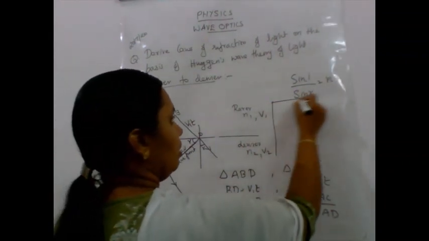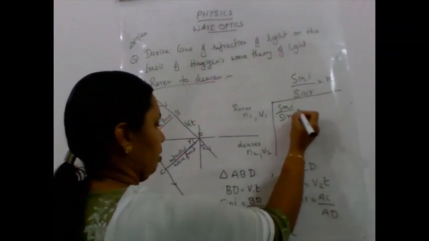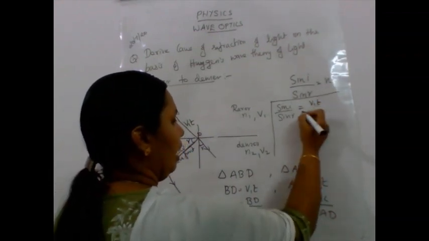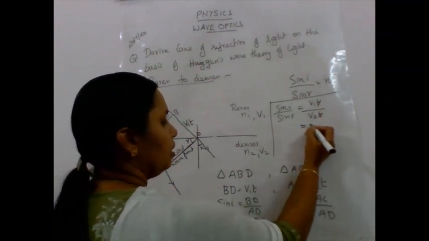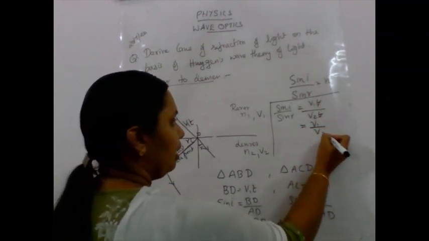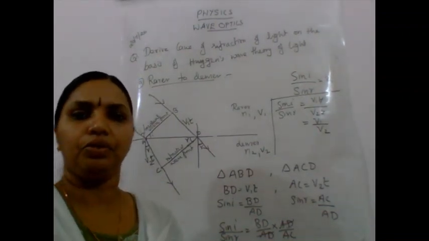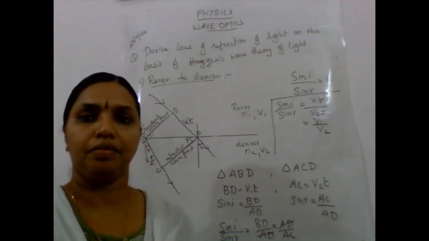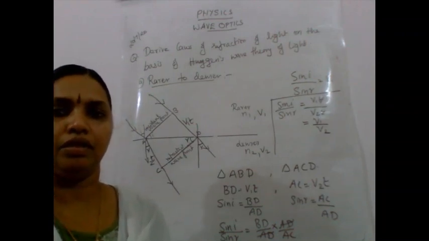Sin i by sin r is equal to V1T by V2T. T gets cancelled, so it is equal to V1 by V2. We got the ratio between the velocities, V1 by V2. So how will you relate it with the refractive index? This is how the velocity and refractive index are related.